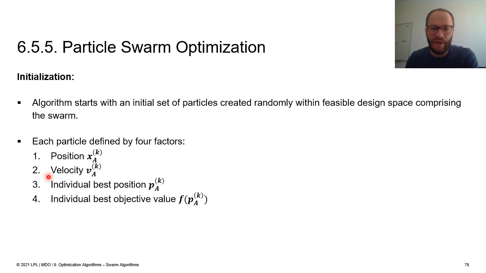On top we have a velocity for each particle, and also an individual best position, which is more or less like a memory, where the best position of each individual is saved, and on top also the individual best objective value. Within the whole swarm, the best position is also one factor of each particle here. For the initialization phase, those things are created randomly.